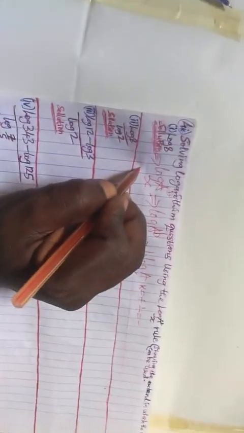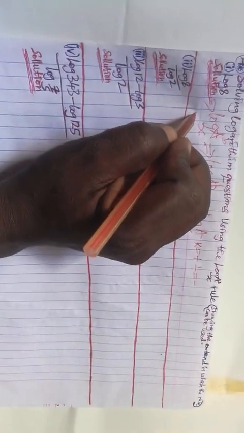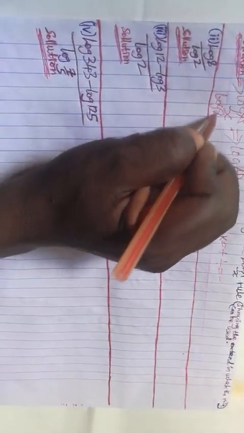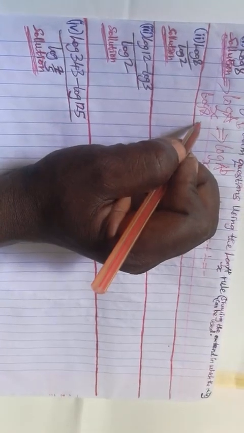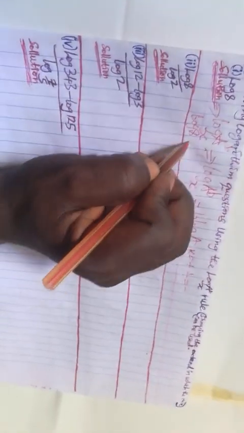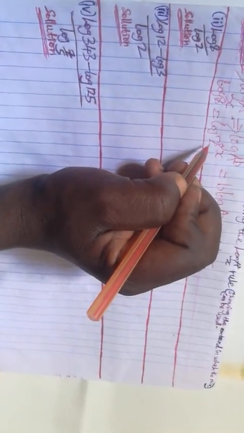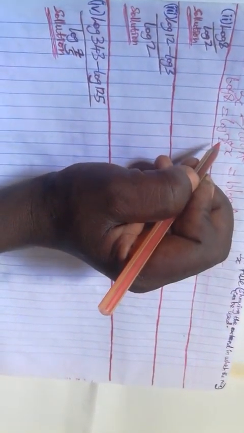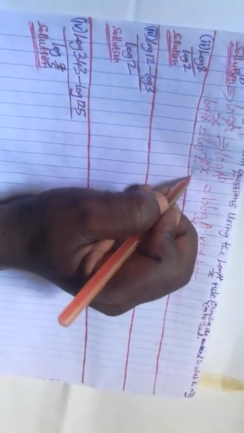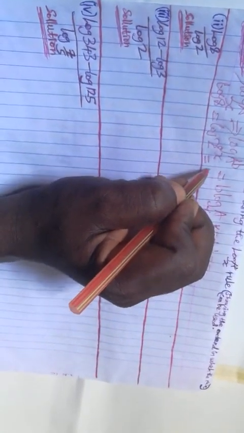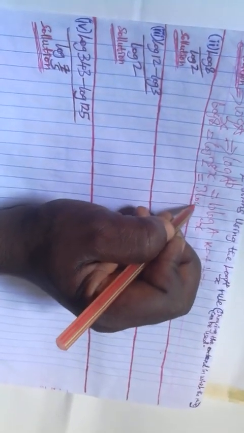This gives us the knowledge that log 8 can as well be written as log 2 power 3, which can be further written as 3 log 2.